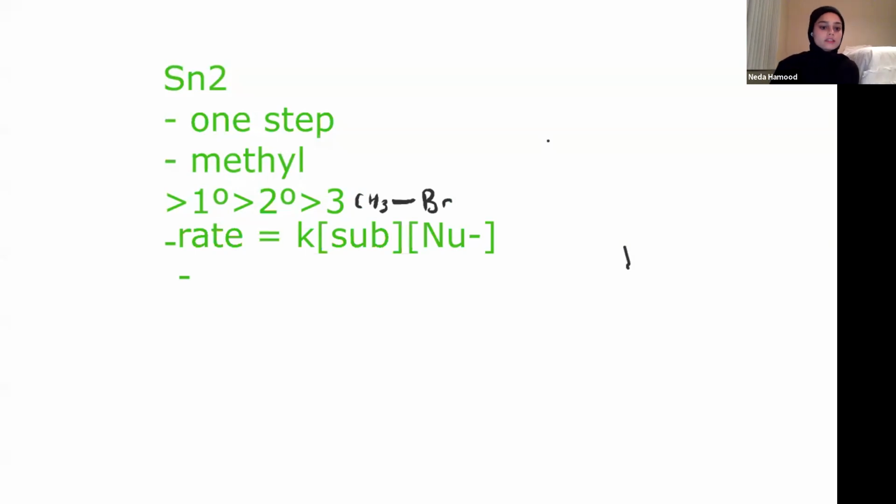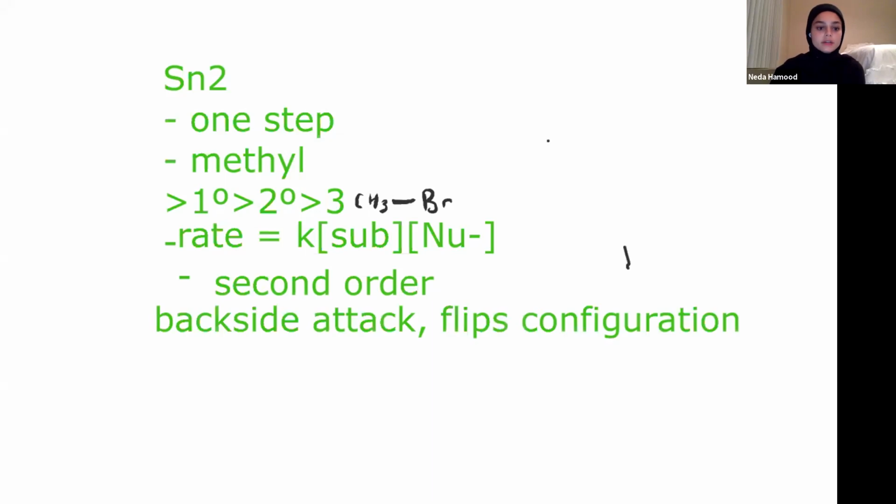And then over here, the rate equation looks like that. So that's called second order. And then over here, you're going to have a backside attack, and that flips configuration. I'm actually going to make this entire page for SN2, and then we can do another one for SN1.